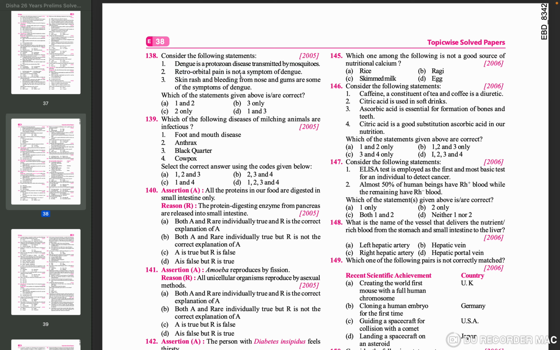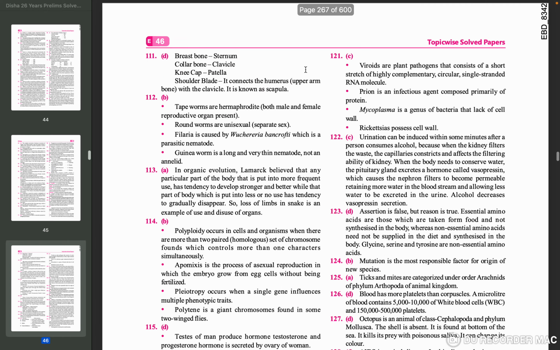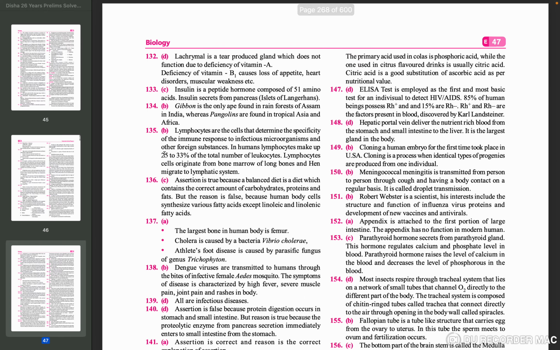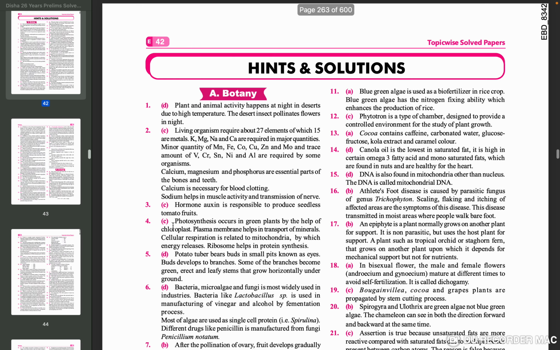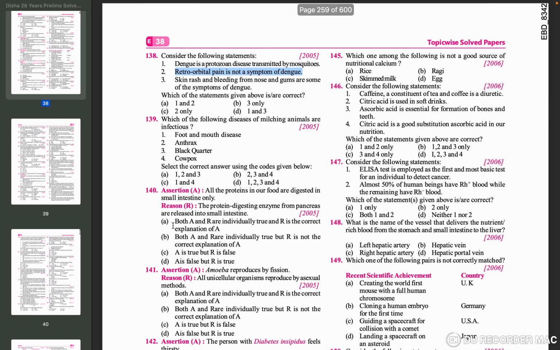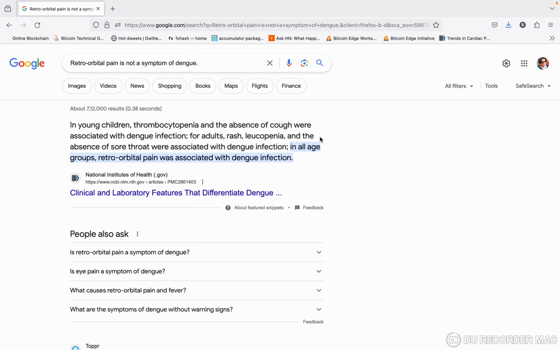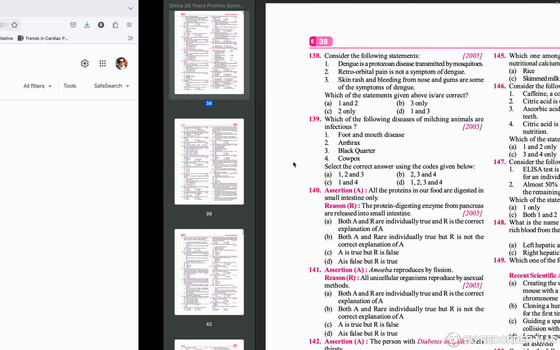Okay. So retroorbital pain is not a symptom of dengue. So what is the answer? 138. Yes, option B. Not a symptom of dengue, but it is saying in all age group retroorbital pain was associated with dengue infection. I don't know. So are they giving wrong answers?